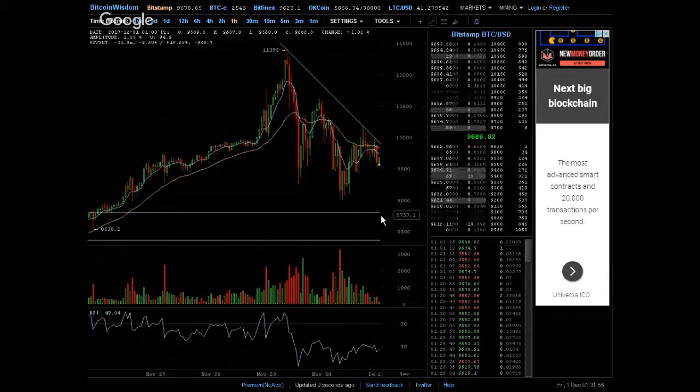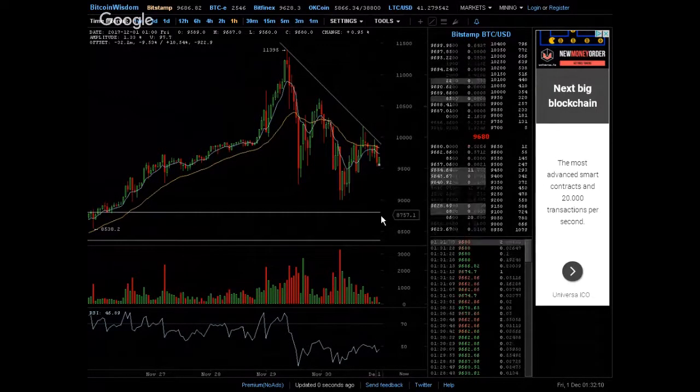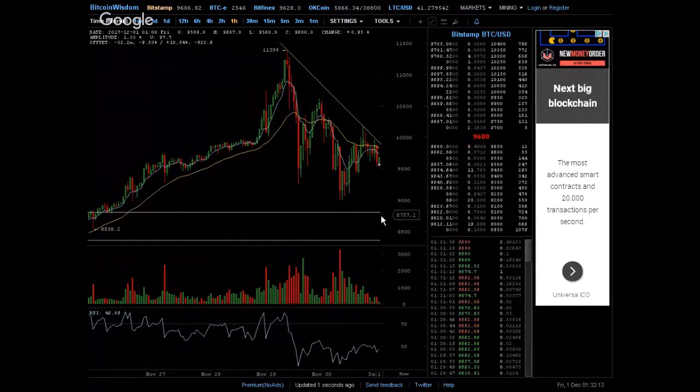If that's how some people feel, then you should sell all your Bitcoin now, enjoy your profits, and then just wait for 2K to happen, and then buy back in, right? And then go through the whole roller coaster ride, and then sell back up at the top, and then buy back at the bottom.